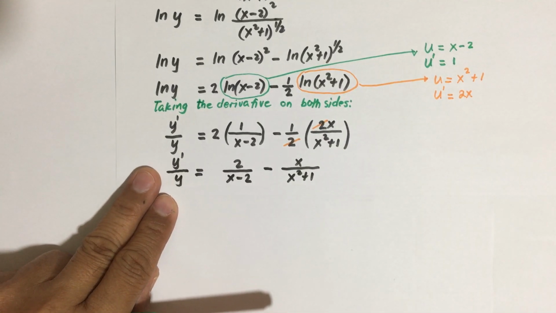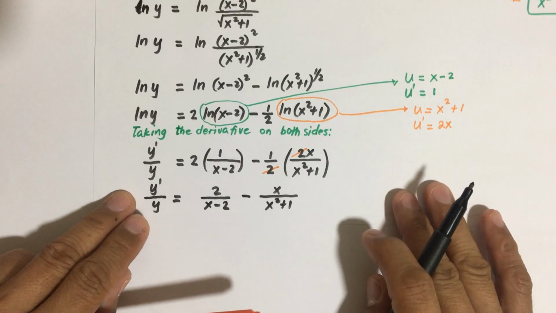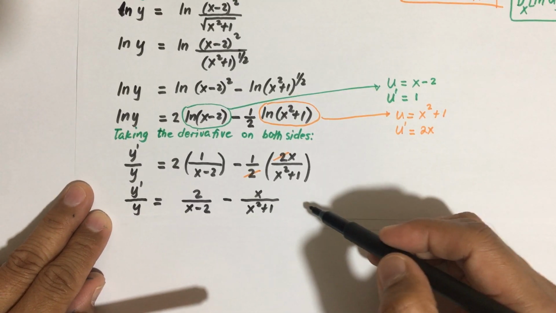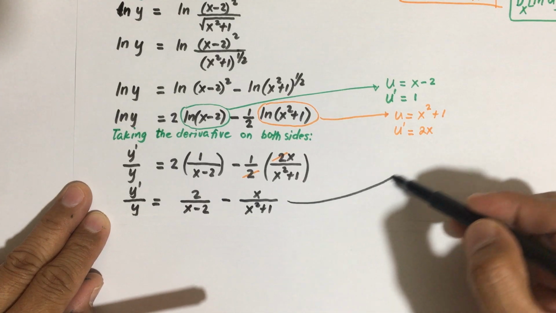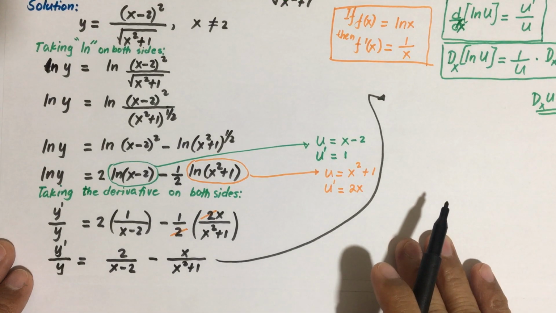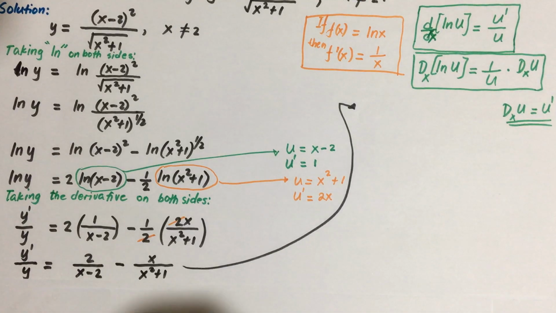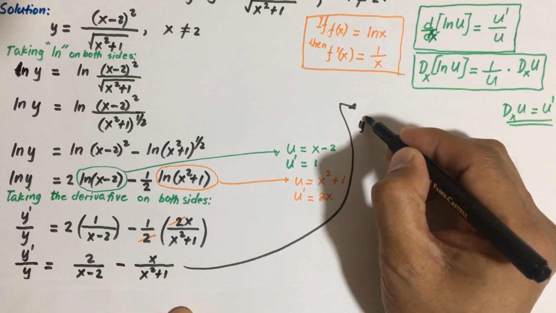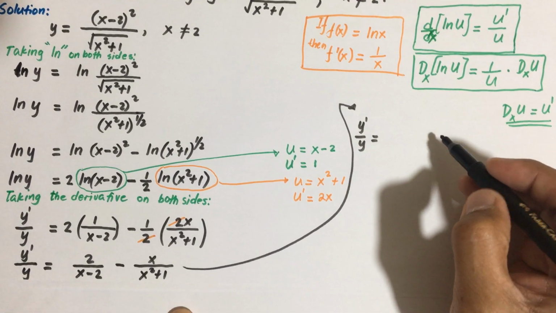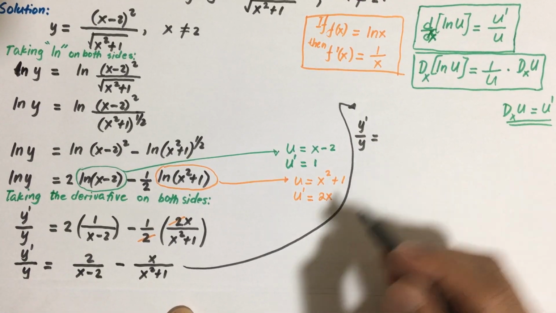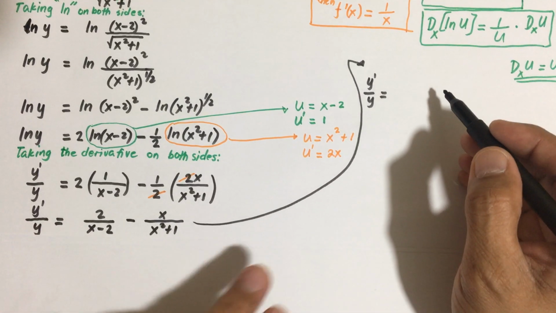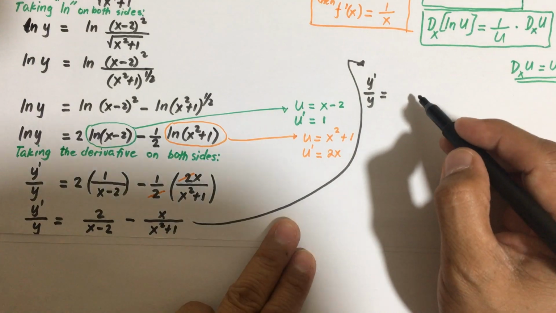Okay, so I will continue here. y prime over y equals, find the LCD. On the right side, you just find the LCD.